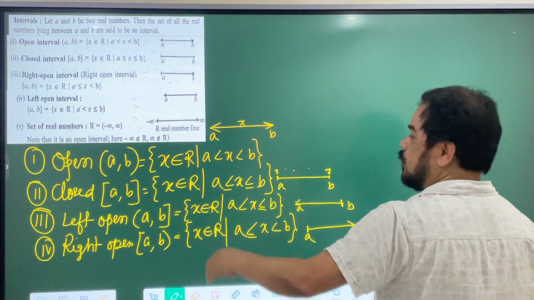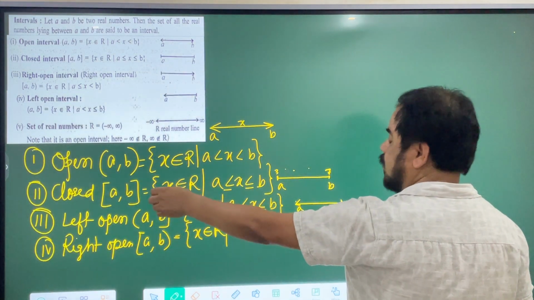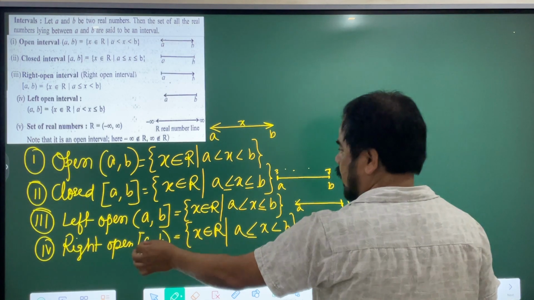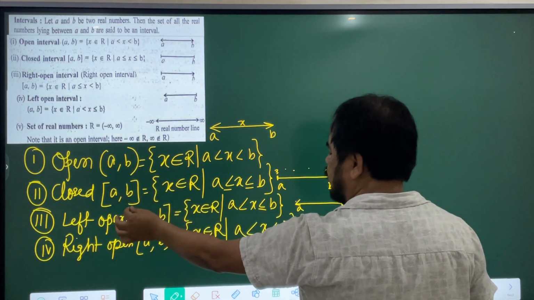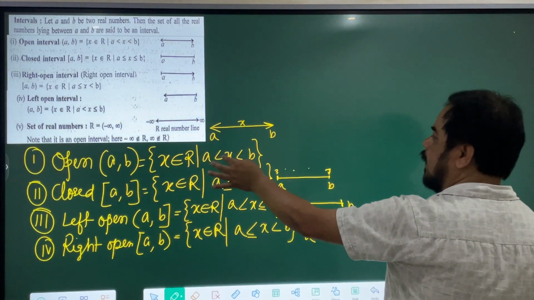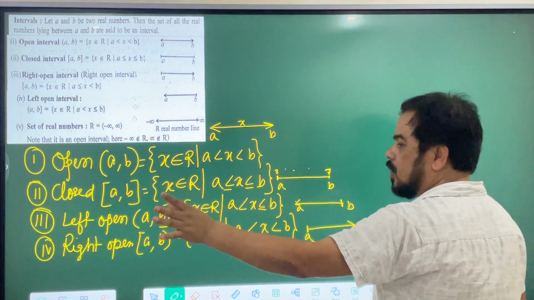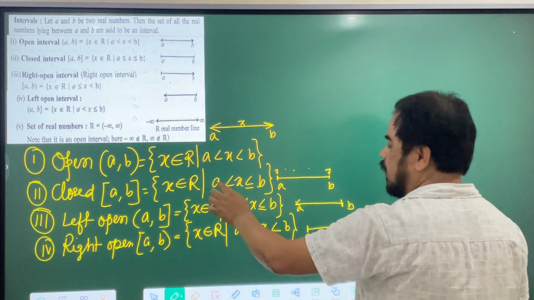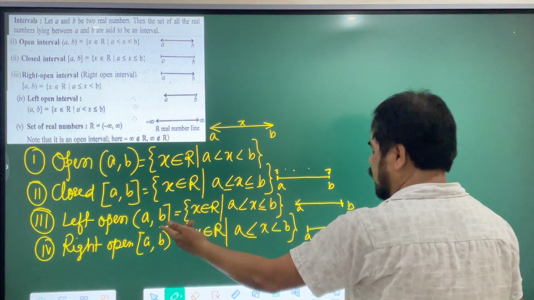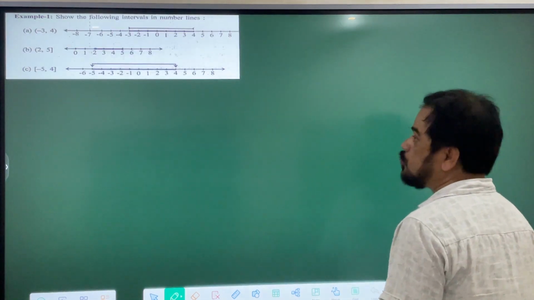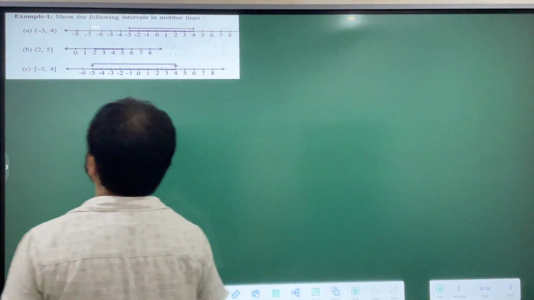So what we have learned: open interval, closed interval, left open, right open. If you understand open and closed: when open, A and B will not be included. If it is closed, A and B will be included, and left open, right open. So you understand that. Here some examples are there.